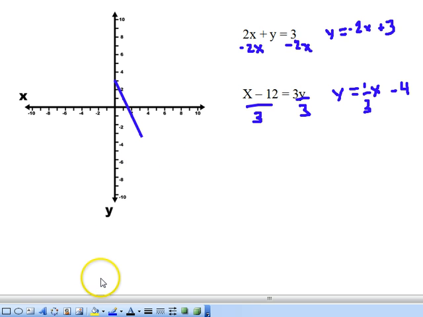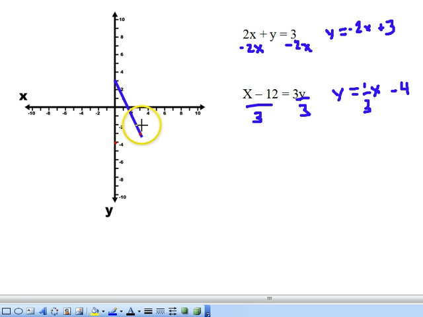Okay, and then we need to go ahead and graph our other line. Our y-intercept is negative 4, and our slope is 1/3. So we're going to go up 1 and over 3.